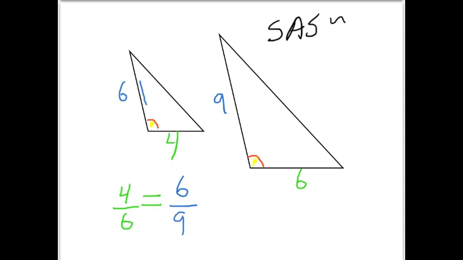Well, I know that 4 divided by 6 simplifies to 2/3. And likewise 6/9, if you divide top and bottom by 3, simplifies to 2/3 as well. So that means that the sides are indeed proportional, and so therefore these two triangles are indeed similar.